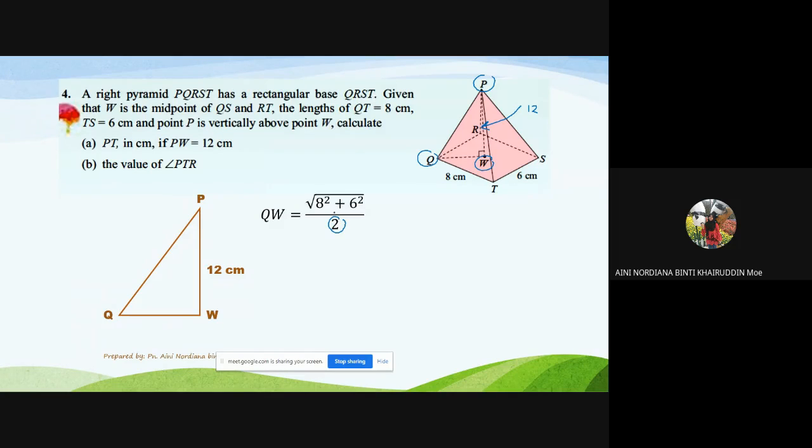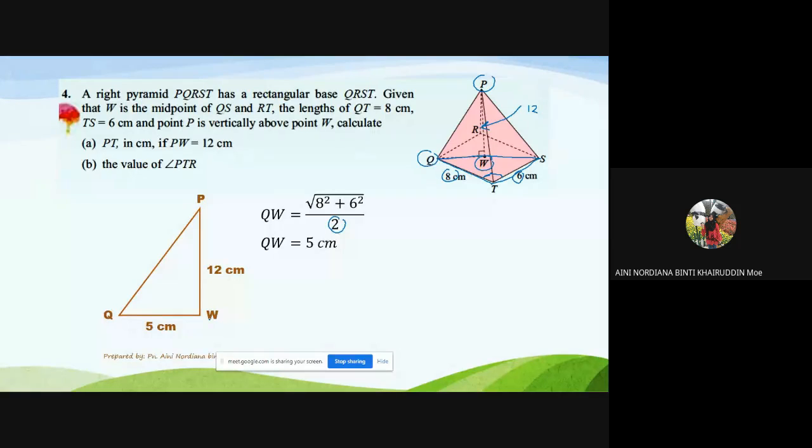Because 8 squared plus 6 squared gives QS. Look at this triangle. In order to get QW, you divide by 2. So QW is 5.